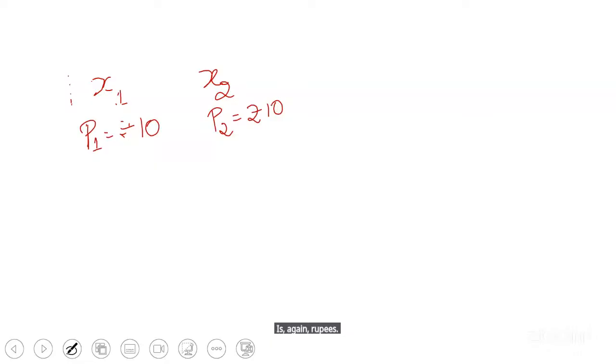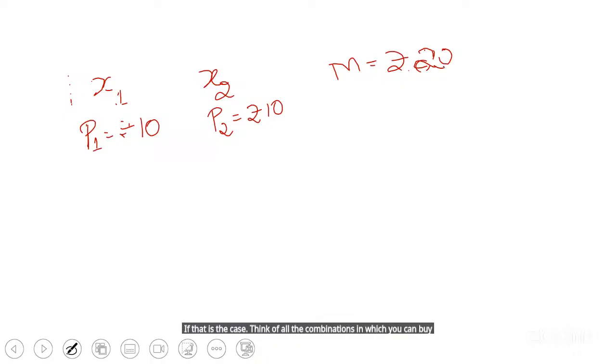So it means that to buy 1 unit of X1 you have to pay 10 rupees. To buy 1 unit of X2 you have to pay rupees 10, and your money income is 20 rupees in your hand. Think of all the combinations in which you can buy these two goods.